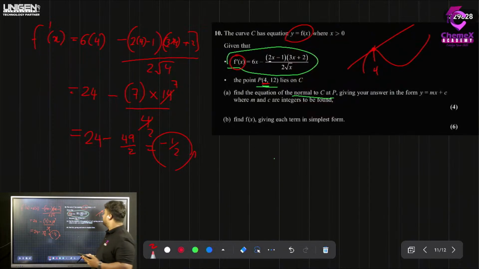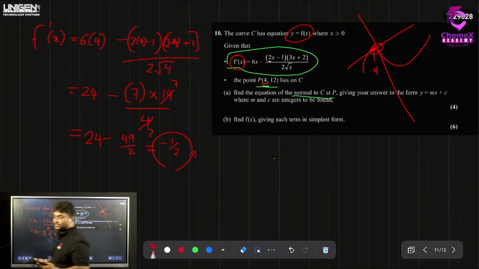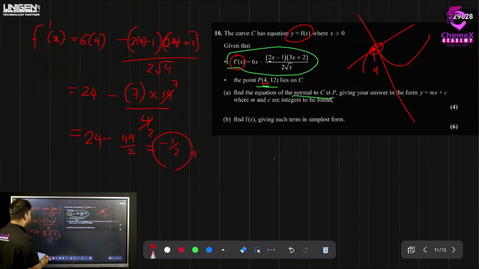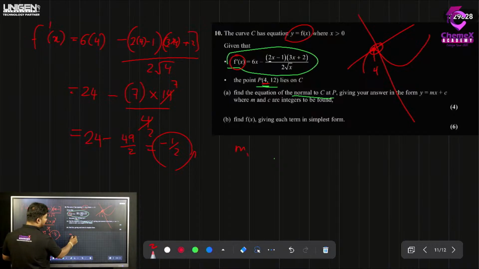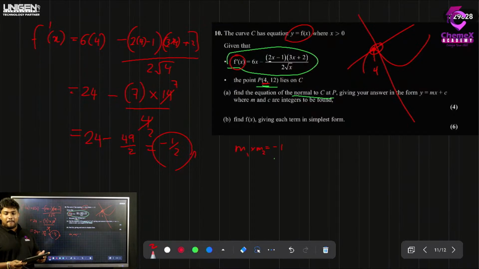I hope you can remember. But in the question they are asking for the normal's gradient at that point. You understand? So what are you going to use then? That perpendicular equation, can you remember? m1 into m2 equals minus 1. Gamita, can you remember that?